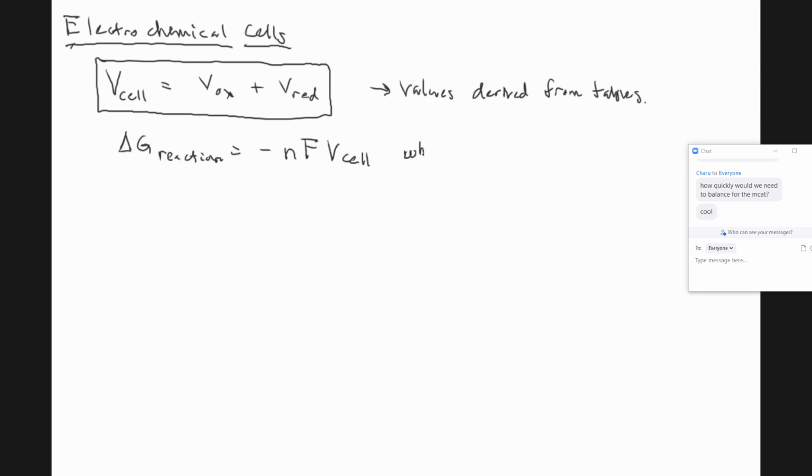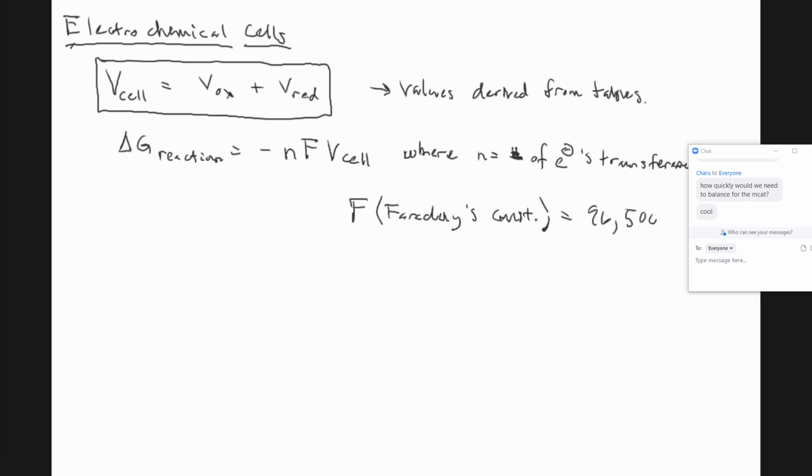Where n is equal to the number of electrons transferred per reaction, and F is Faraday's constant. That's equal to 96,500 coulombs per mole. Okay.